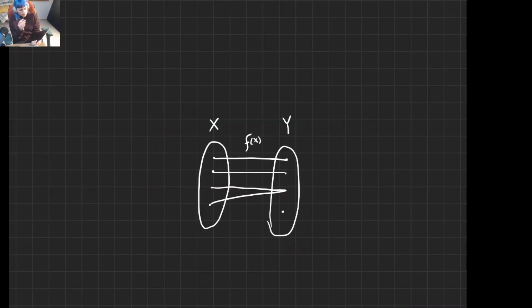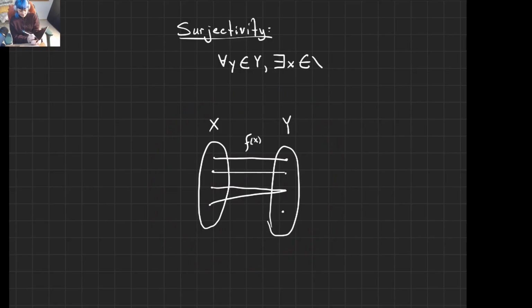So to know that, we know that f of x is a function. Is it surjective? So surjectivity quantifies over the range. It states that for every y that exists in the range, there exists at least one x value in the domain, such that f of x equals y.